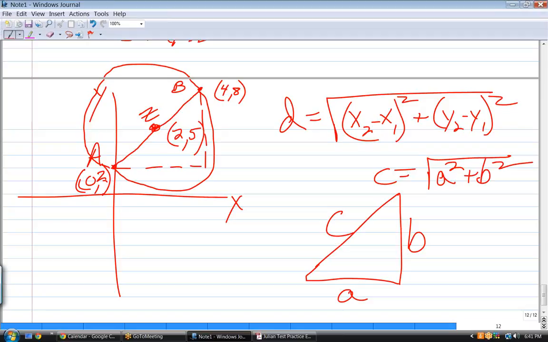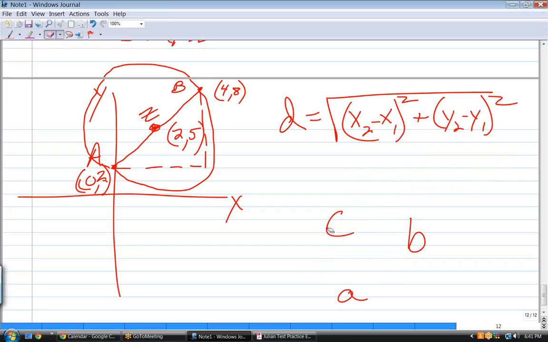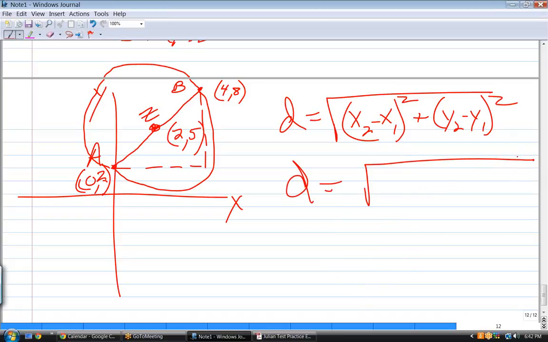That's the Pythagorean theorem. Well, the distance between 2 points is the hypotenuse of the triangle. So it's the Pythagorean theorem, essentially. So in this case, that distance is equal to what?